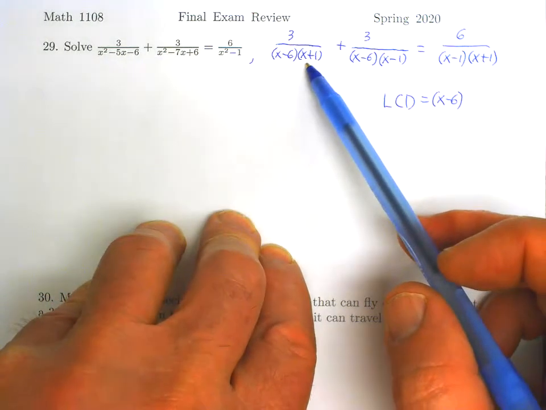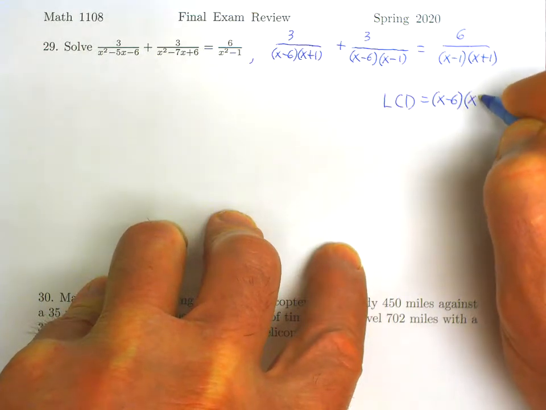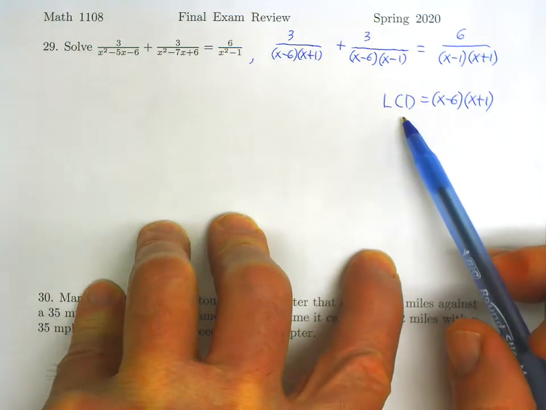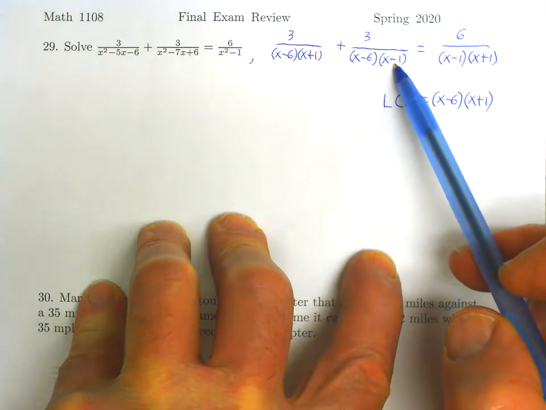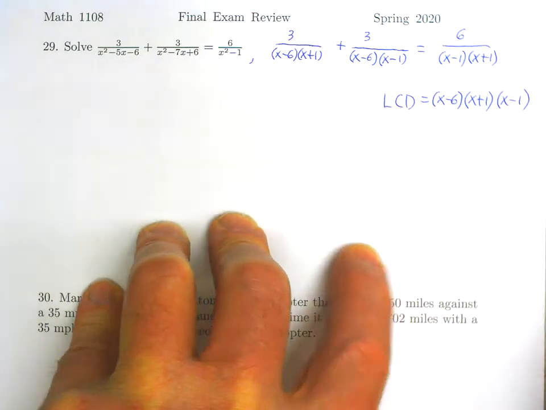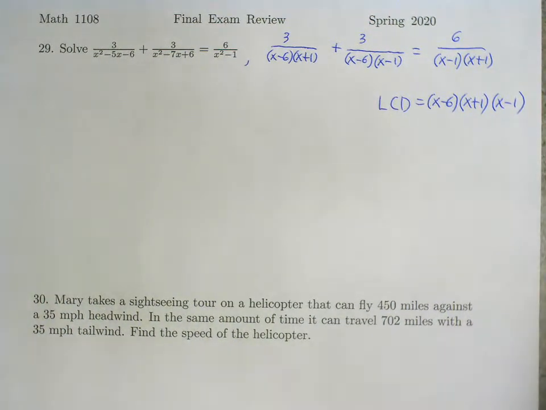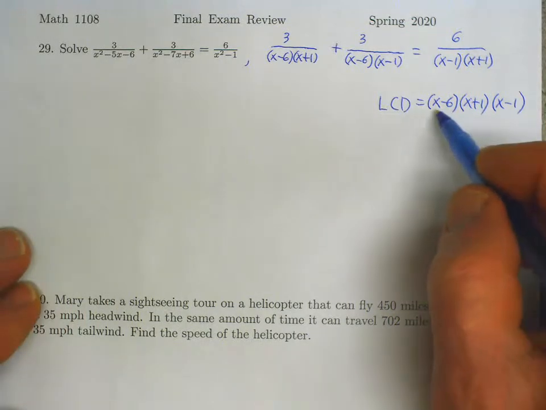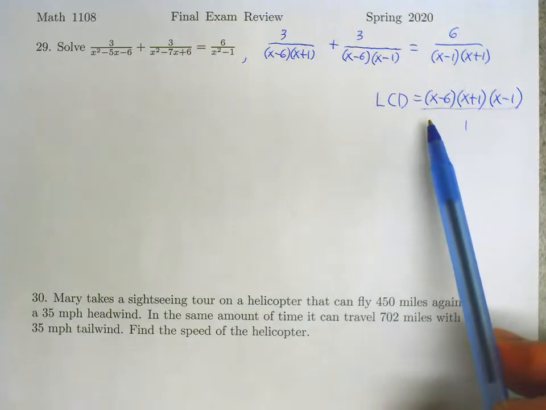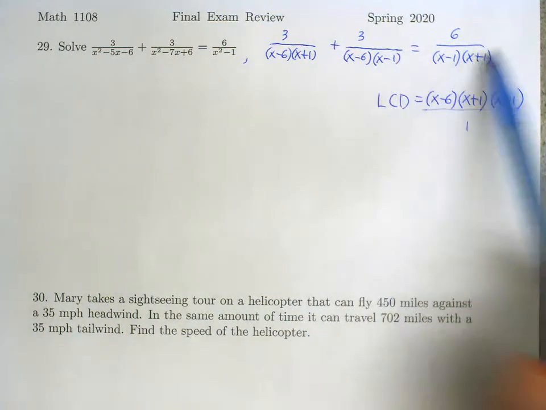Two of the denominators have a factor of x plus 1, so x plus 1 is also a factor in the least common denominator. And then another factor is x minus 1. Okay, so that's the least common denominator. And what we're going to do is multiply the least common denominator by each of the three terms on both sides of that equation.